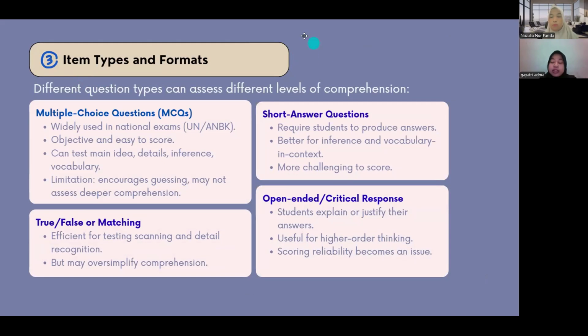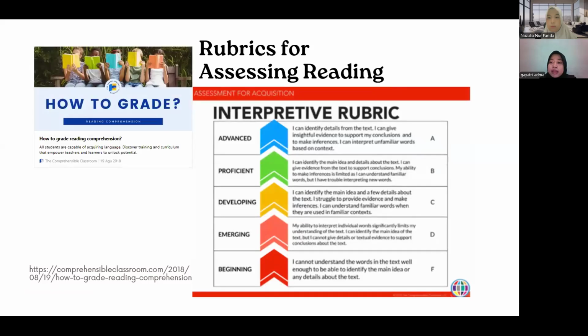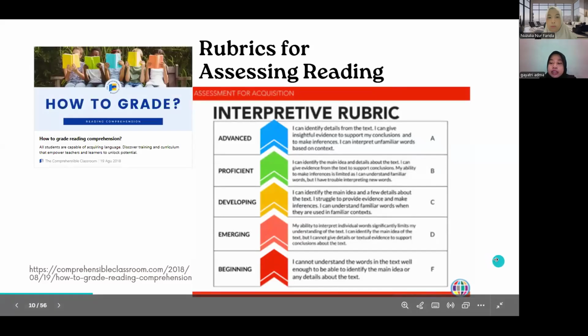Today I will give you some sample questions, whether multiple choice, short answer, true or false, or matching, and finally open-ended also. And then this is the rubric for assessing the reading skill.